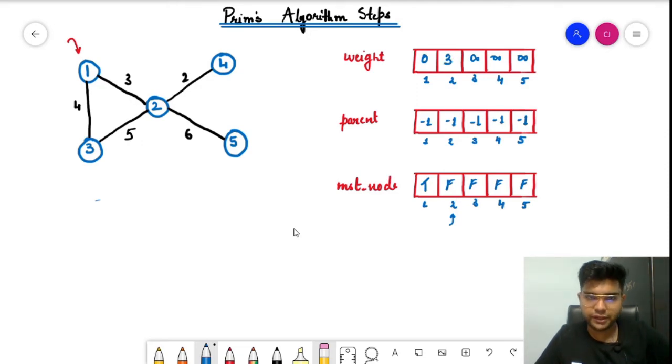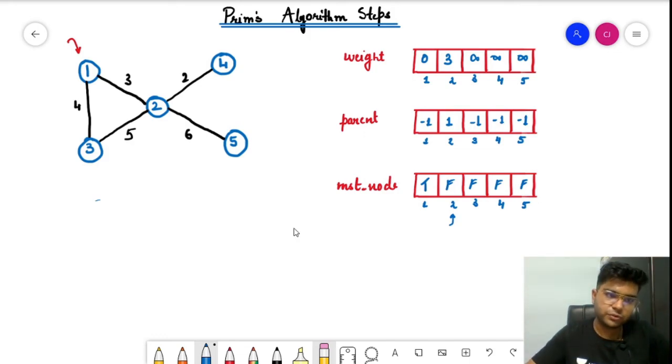Now what is the parent of this node? Because we have updated the weight to 3, we need to keep track of the parent from which it is updated. So the parent is 1, and we'll update the parent as well. This is a typical flow. Now this part is done.